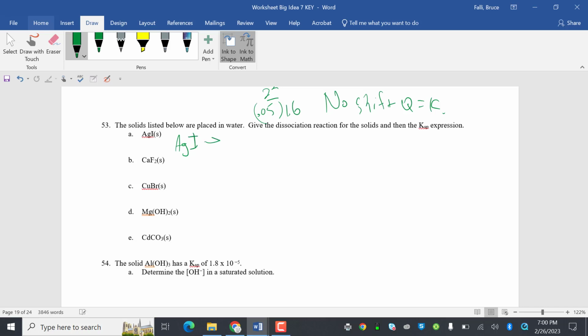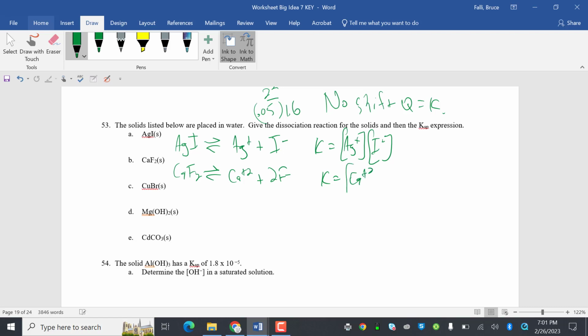AgI is in equilibrium with Ag positive plus I negative. K equals Ag positive bracket times I negative bracket. CaF2 in equilibrium with Ca 2 plus and 2 F minus. K equals Ca 2 plus bracket times F minus bracket squared. CuBr in equilibrium with Cu 1 plus and Br minus.